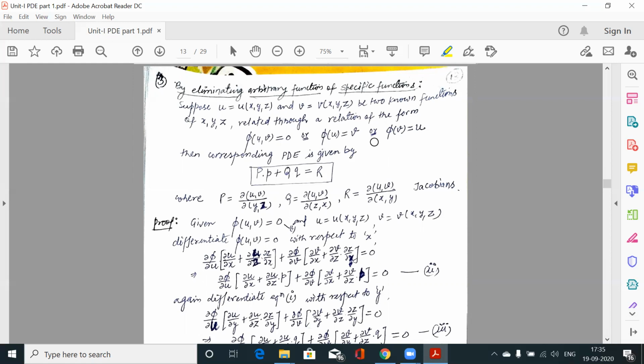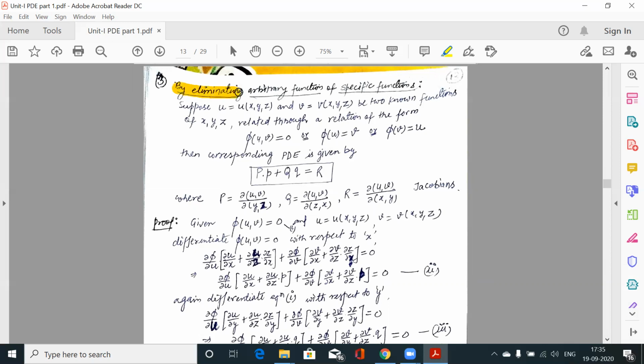You are given a question with one or two arbitrary functions, you take derivatives, eliminate the function and get the answer. So this is the extra part. You don't need to consider it every time, because this is a particular form of question only.